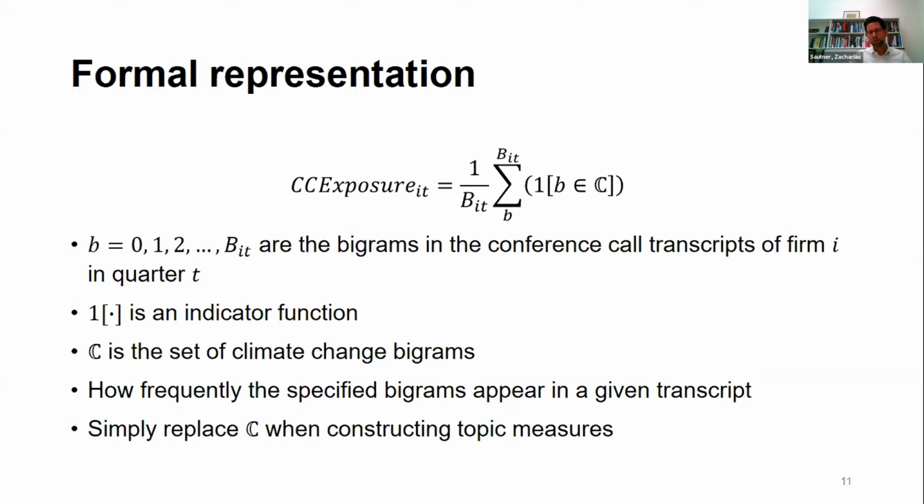So the measure is available on a quarterly basis, because on a quarterly basis these earnings conference calls take place. In many of our tests, you will see in a second, we're using annual data. Apart from creating this measure of overall climate change exposure, we're also constructing these three subsets. So all we do then is we're replacing the set C with the topic-specific sets of climate change bigrams.